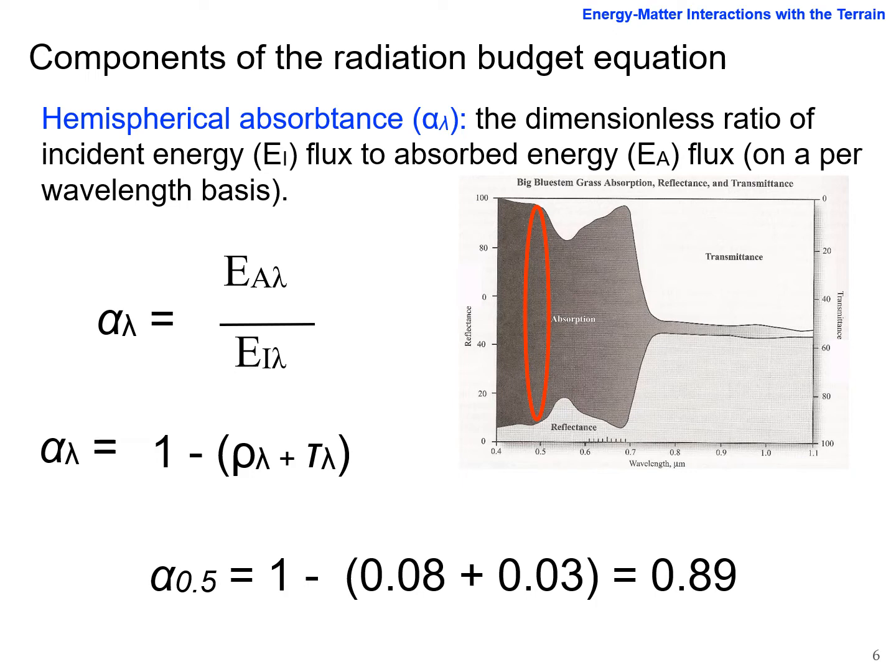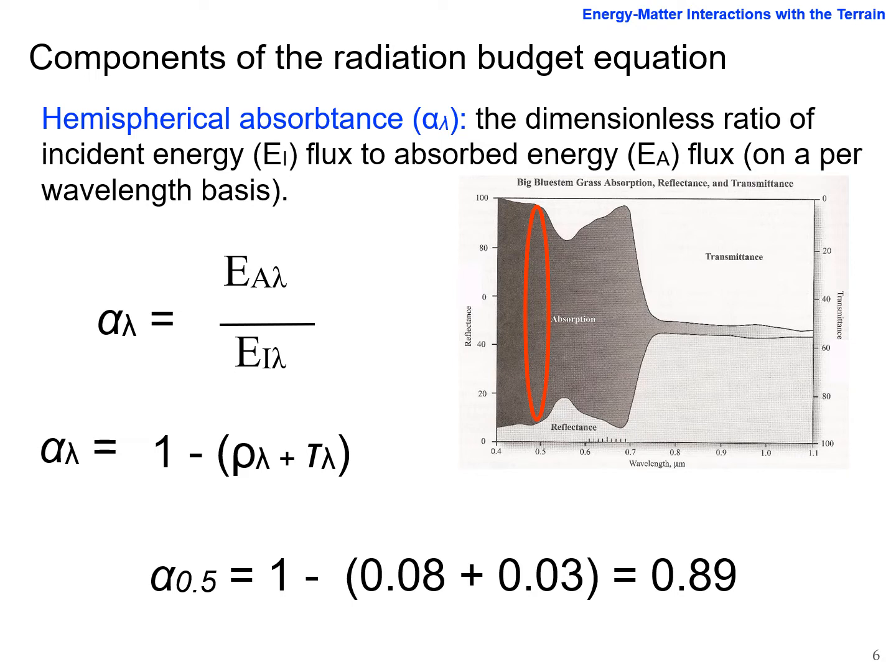And then we can also look at absorption or absorptance as a function of absorbed energy. So again, at that 0.5 micrometers, the absorption at that wavelength is the energy of absorption at that wavelength over the energy incident at that wavelength.